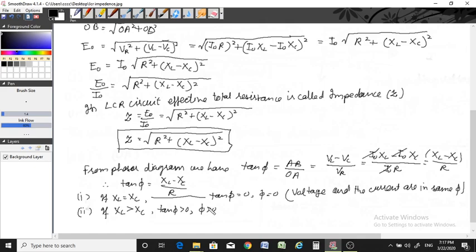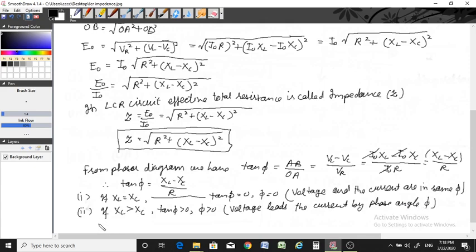Hence voltage leads the current by phase angle phi. In the first case voltage and current are in the same phase, but here voltage leads the current by phase angle phi.